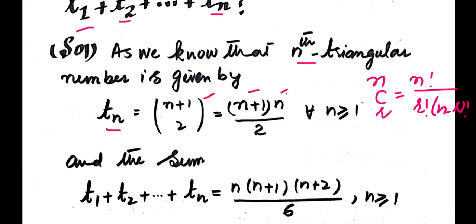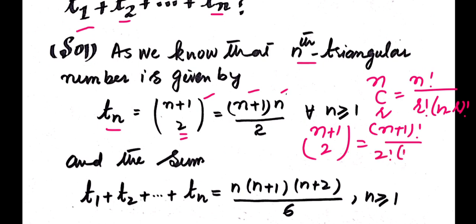So when you use this formula, we will get n plus 1 into n over 2, which is equal to n plus 1 factorial over 2 factorial into n plus 1 minus 2 factorial. Now when you break both of the factorials, we will get this expression.